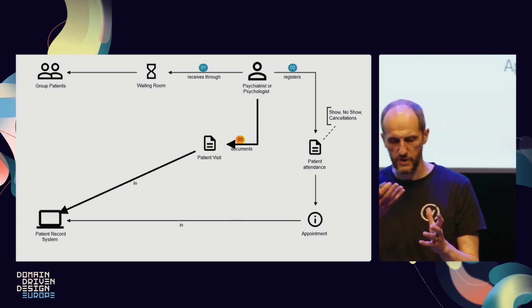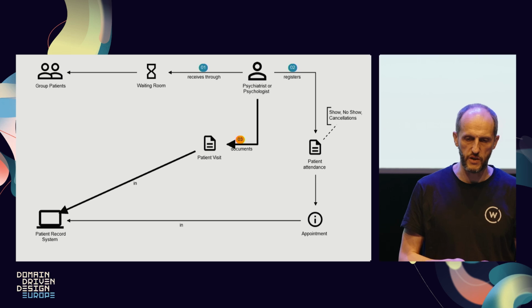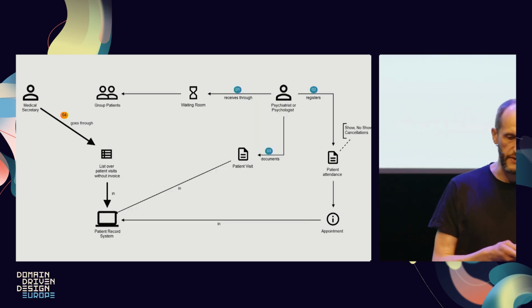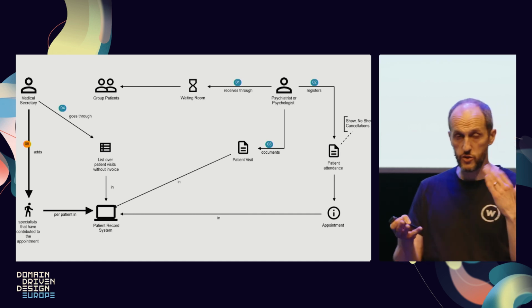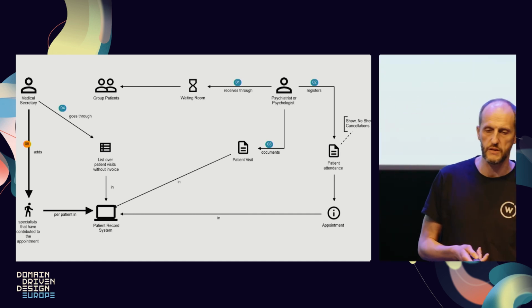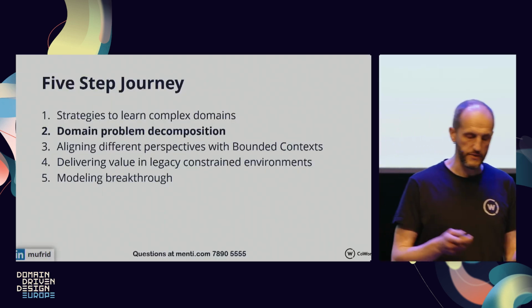Okay, document the patient visit, of course. It is the responsibility of the psychiatrist. And then the medical secretary reviews that and adds additional information if anybody else has contributed to the visit, and then sends an invoice. Okay, great.